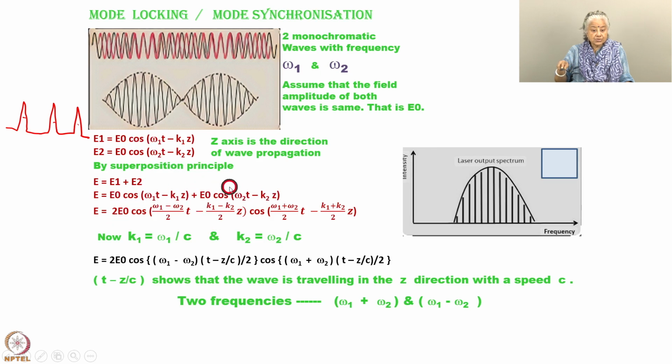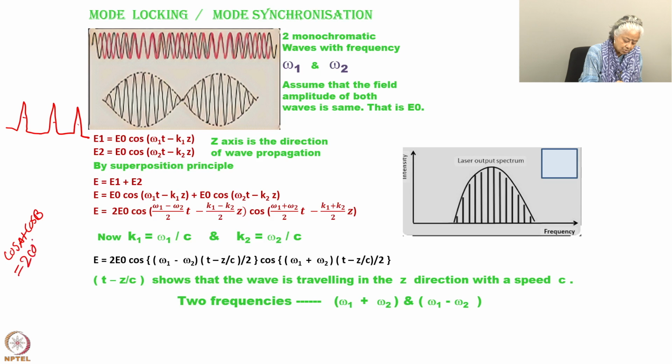In the next step I use a mathematical identity, the sum-product identity, which is given as follows: cos A plus cos B equals 2 cos((A plus B) by 2) into cos((A minus B) by 2).